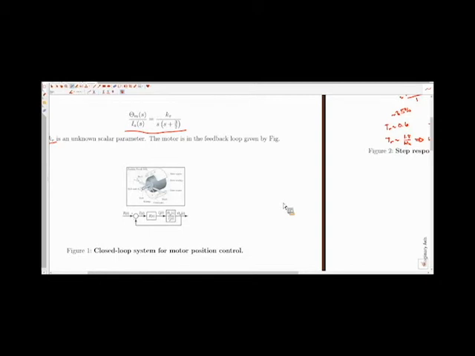Yeah, exactly. So this transfer function here is just the plant. This is just what we typically call in this class G2 of S, or the plant. Right? This is the system we're trying to control. And this is just one element of the entire feedback loop, right?